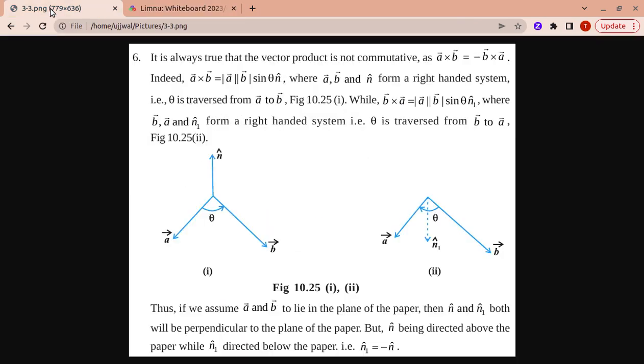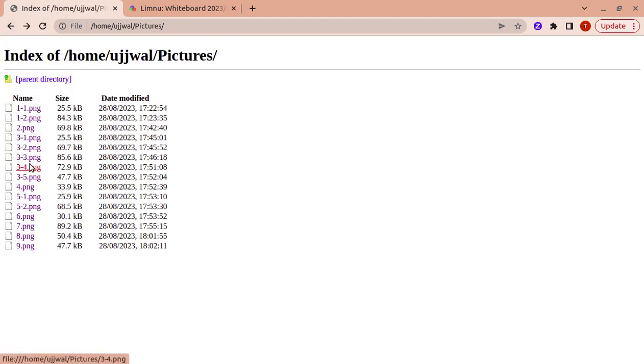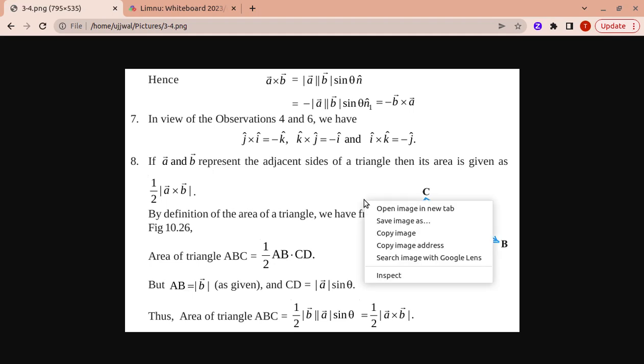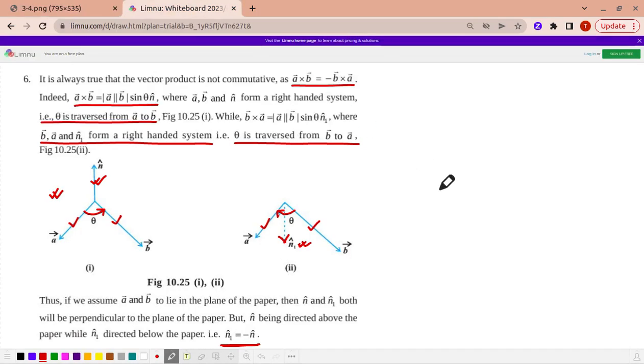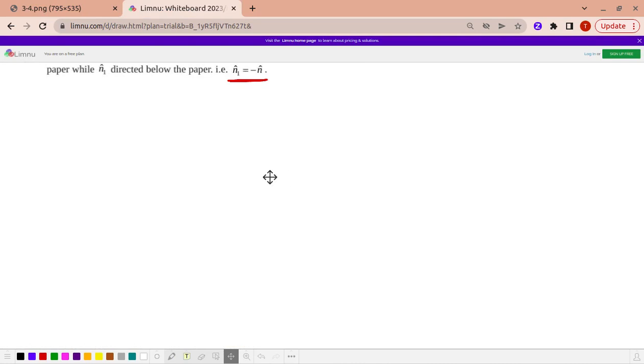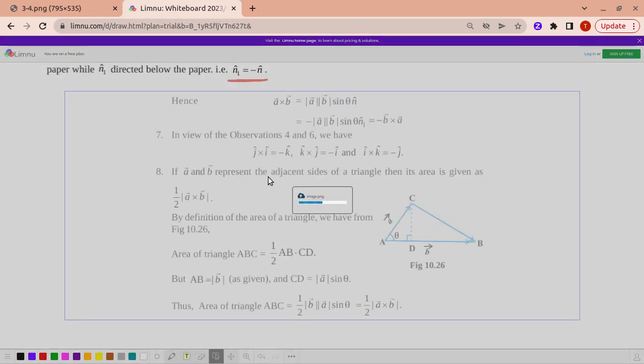Now, from there what we can conclude is this point, that A cross B, let me bring it here. So, remember this, that n1 cap is equal to minus n cap.